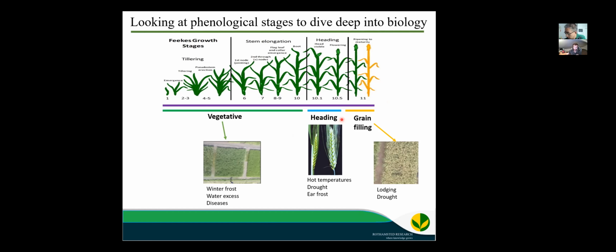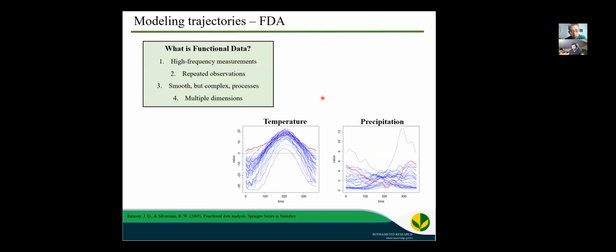For instance, at heading, hot temperatures or extreme occasions of drought or frost can have severe effects on your trials. And again, we measure the dynamic phenotypes, we can split them into the growth stages, and then we are talking about how we can use that information. What is that information? That's the main question.